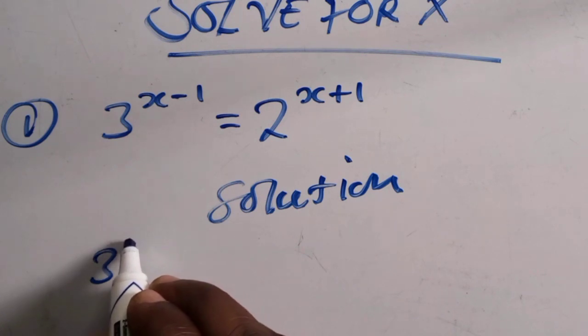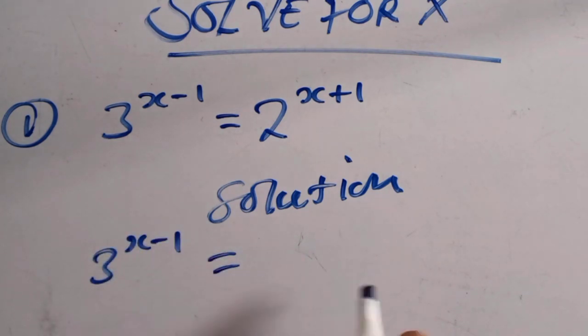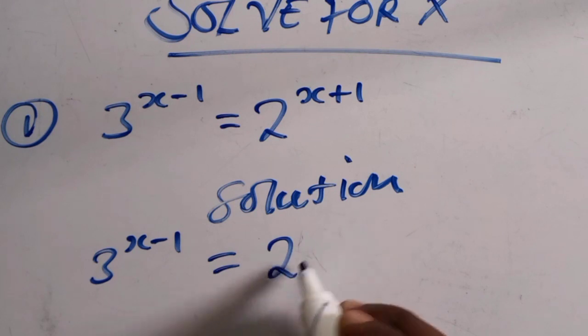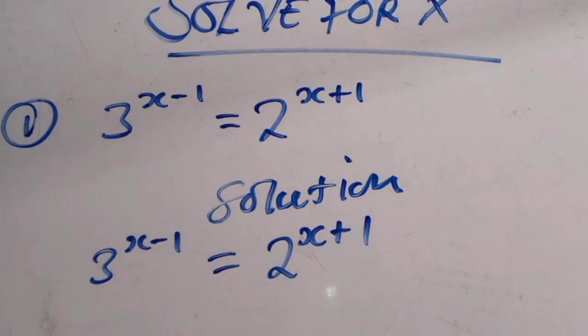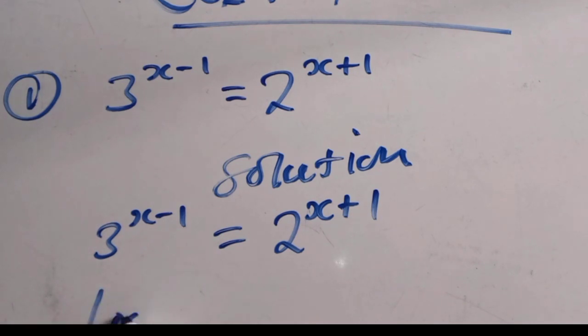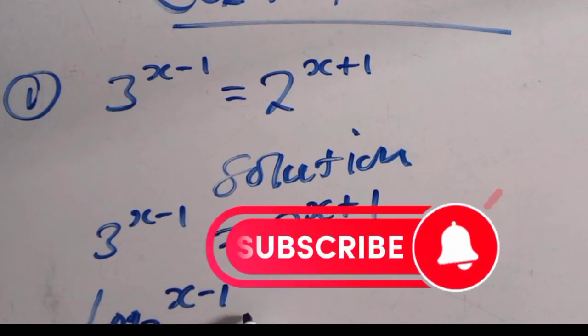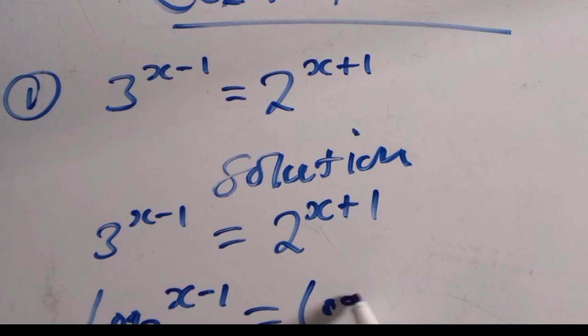3 power x minus 1 is equals to 2 power x plus 1. So here, this is where you introduce log both sides, in which it will be log 3 to the power x minus 1 equals log 2 to the power x plus 1.